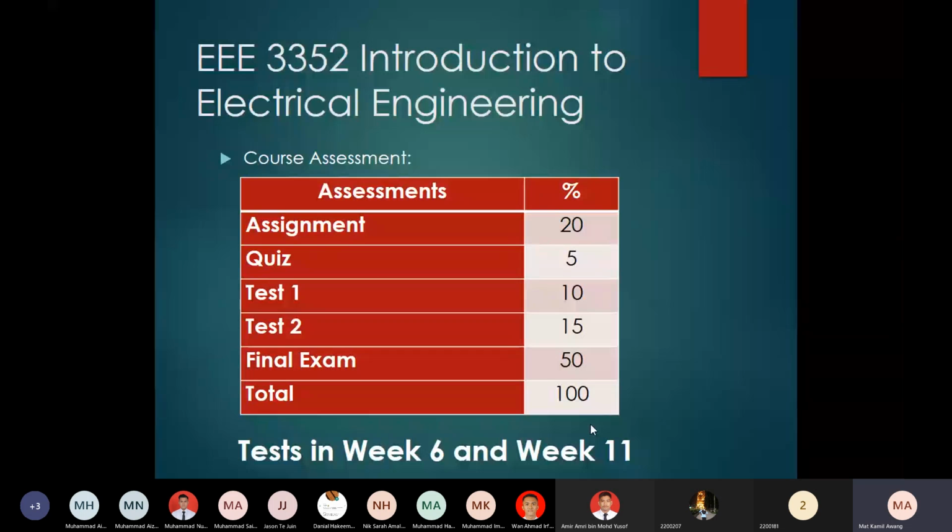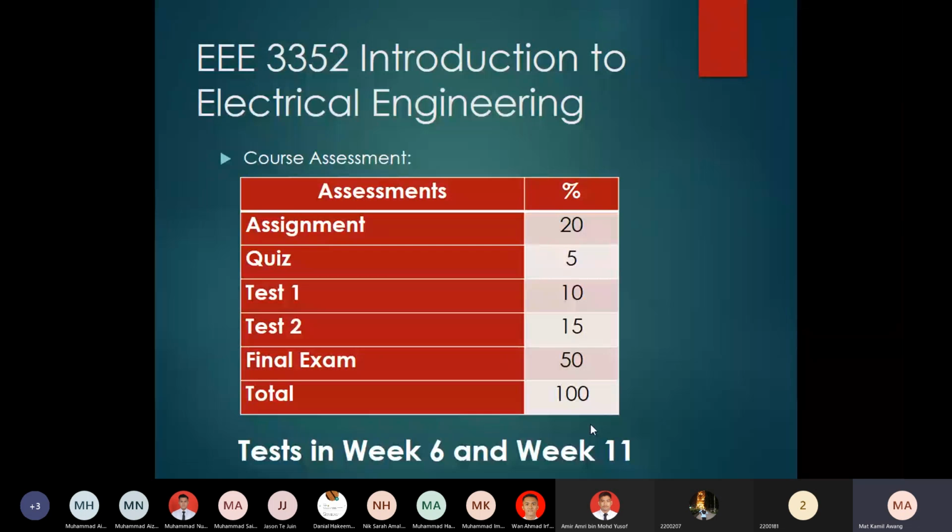Normally, test 1 will cover up to chapter 4, the inductance, or up to the transient response.